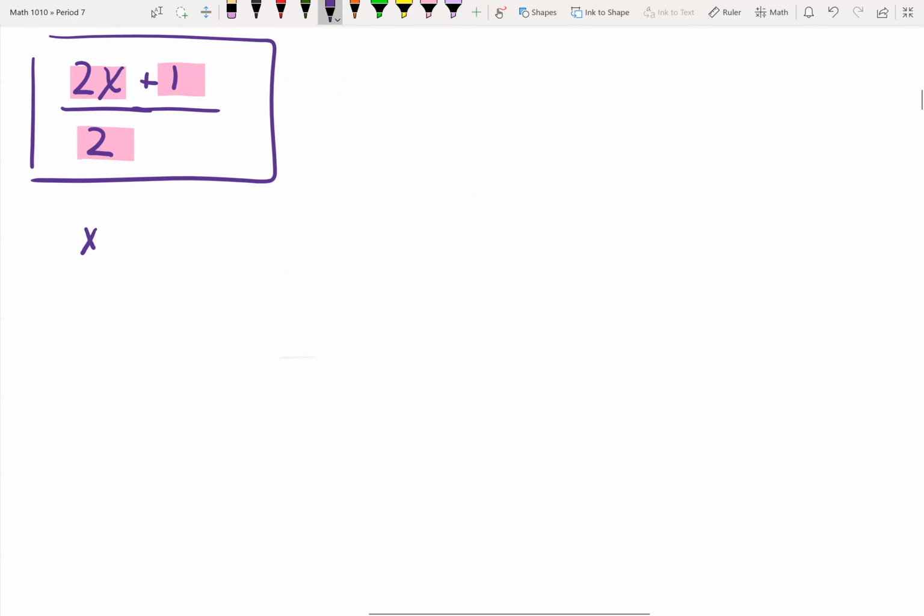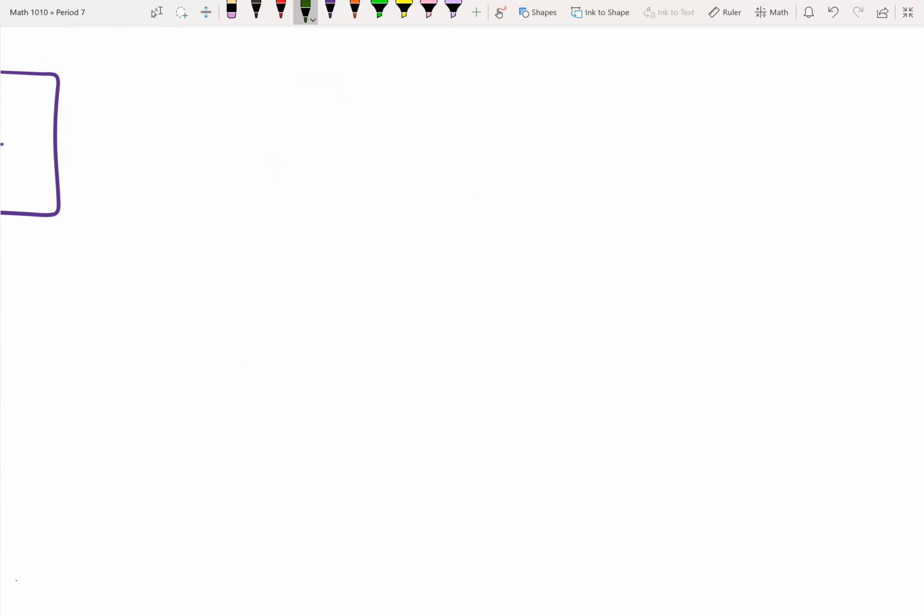Okay, one more thing I want to say. If you see x plus the square root of 2, in many regards, not all regards, but in many regards, a square root functions just like a variable. So really, that x plus the square root of 2 functions just like x plus y in many regards, okay?